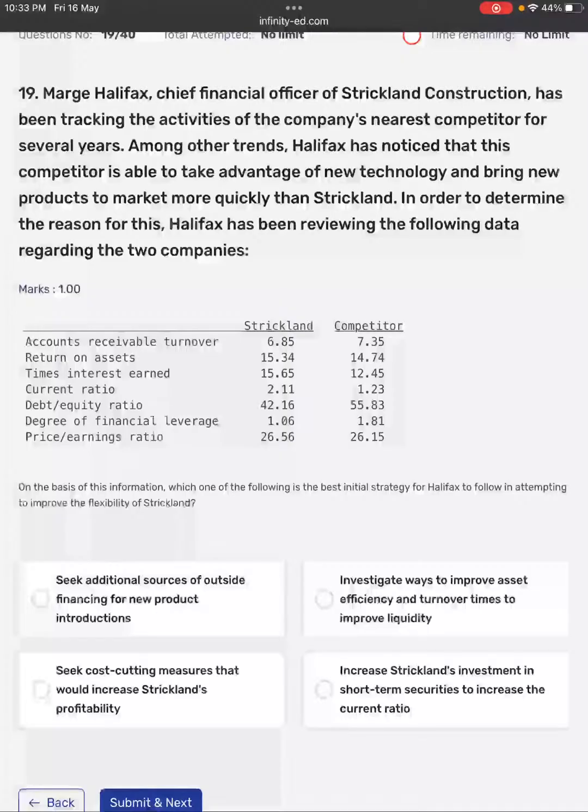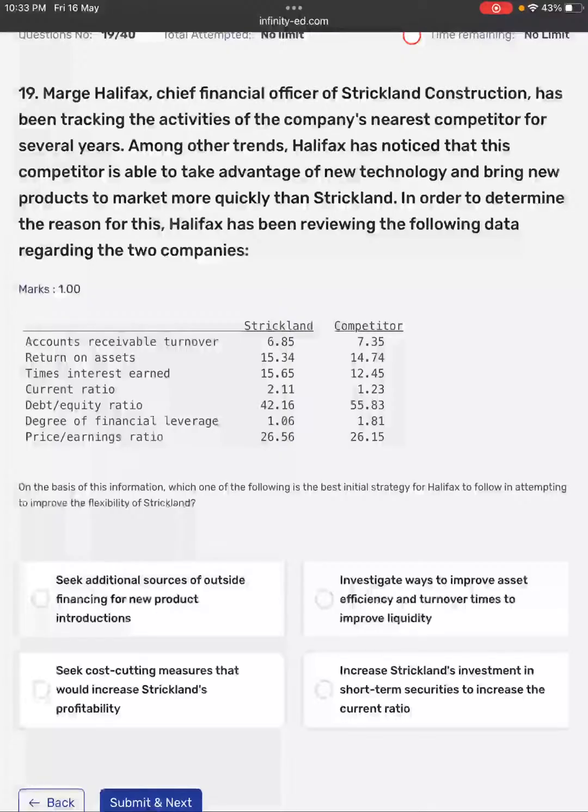And the price earnings ratio is approximately the same for both, 26.56 and 26.15, very close. And what will the conclusion be?